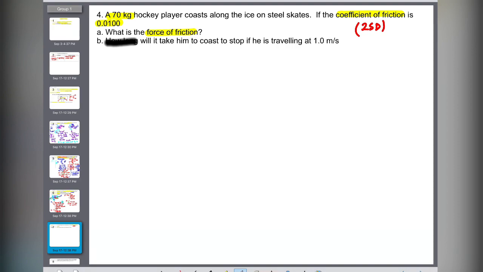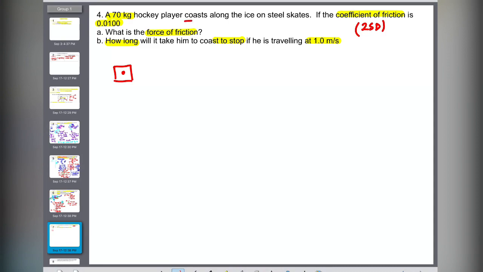And then the second one is how long will it take to coast to a stop if he travels at 1 meter per second? So are you seeing that this is a dynamics type of question? We have to find the acceleration and then use the kinematics. Okay, so two-part question. Always start off with a free body diagram.